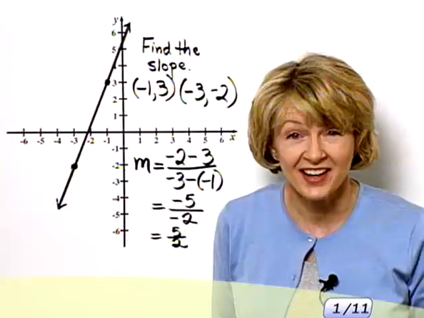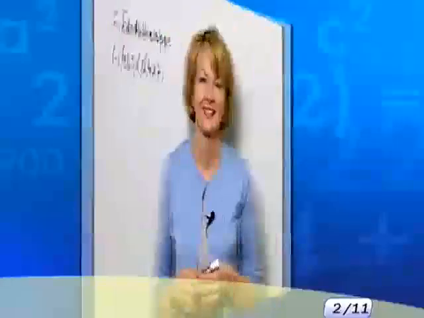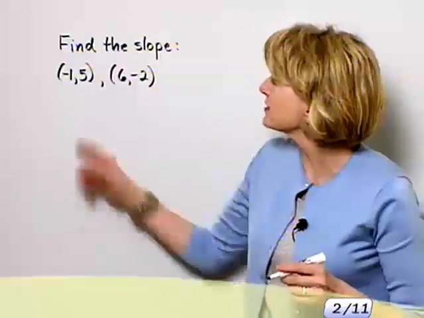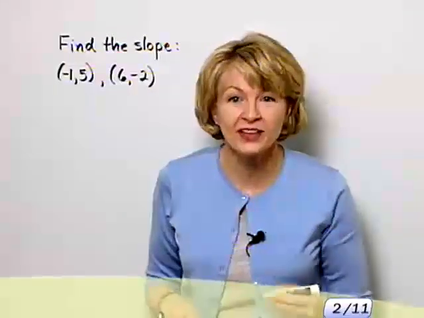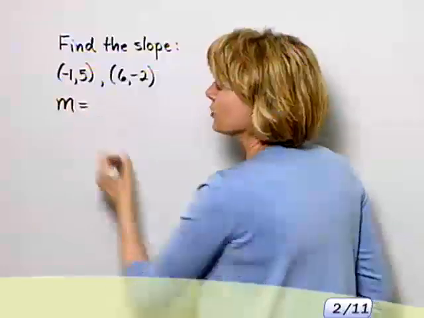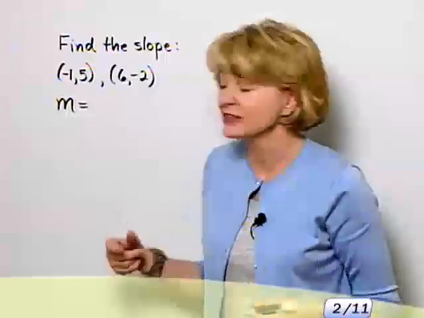Let's now find another slope. Let's continue finding slope. I want to find the slope of the line through these 2 points. So we use the slope formula. Remember, y minus y over x minus x.